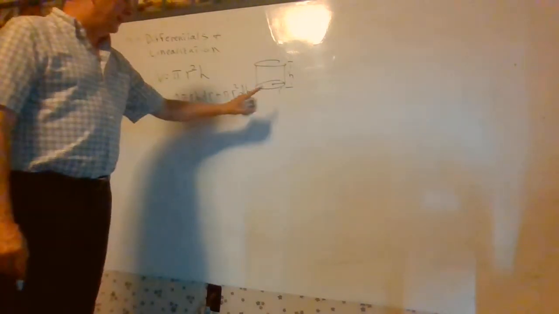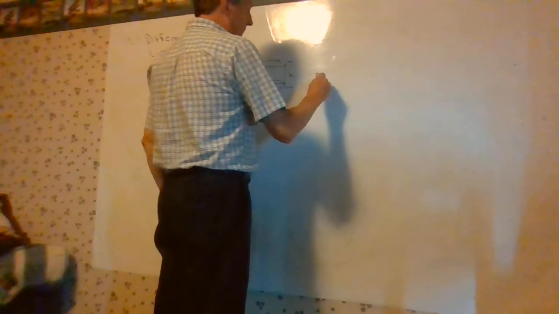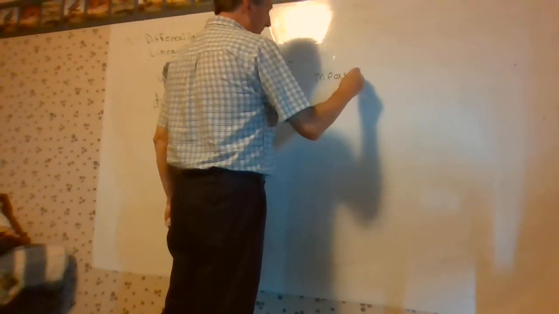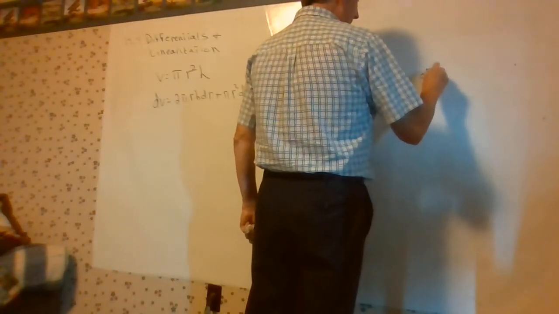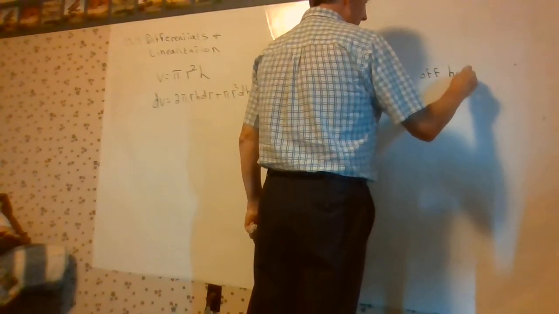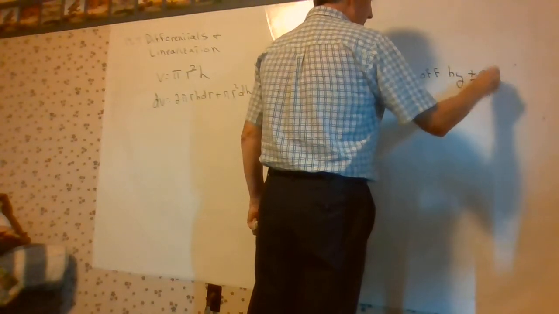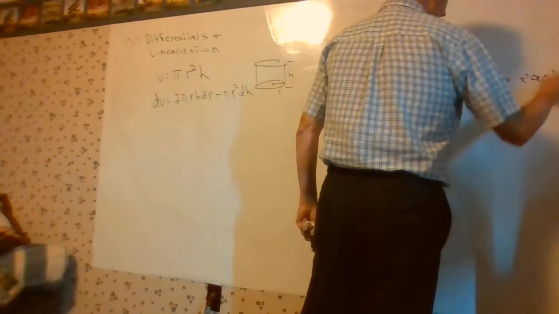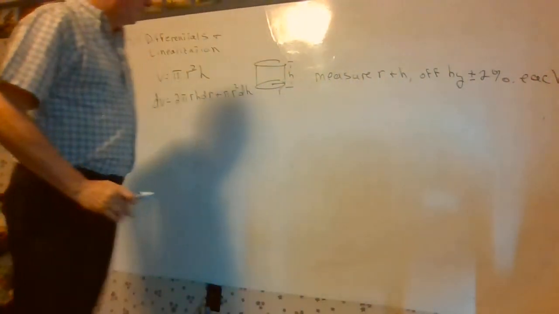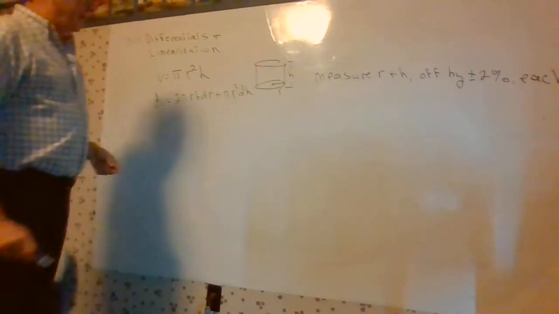So let's suppose we measure R and H, and these are off by plus 2% each. Okay, and who knows why?